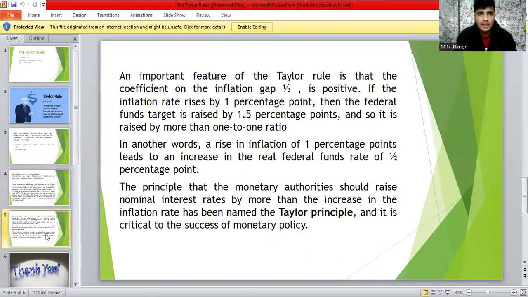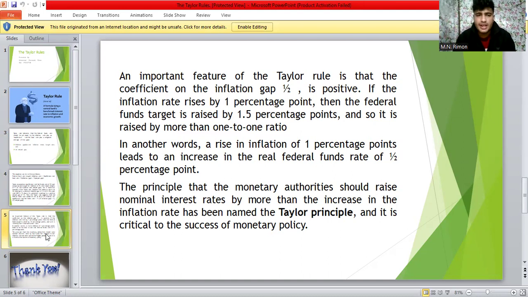An important feature of the Taylor rule is that the coefficient on the inflation gap, half, is positive. If the inflation rate rises by 1%, then the federal funds target is raised by 1.5%.